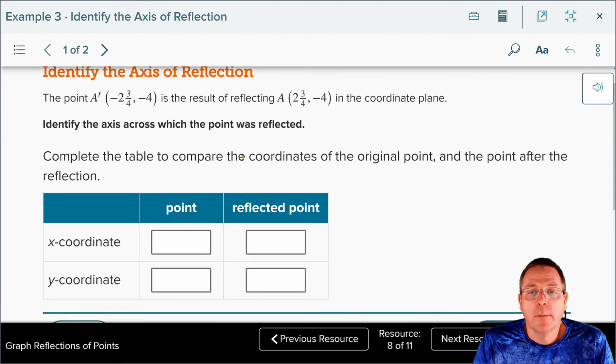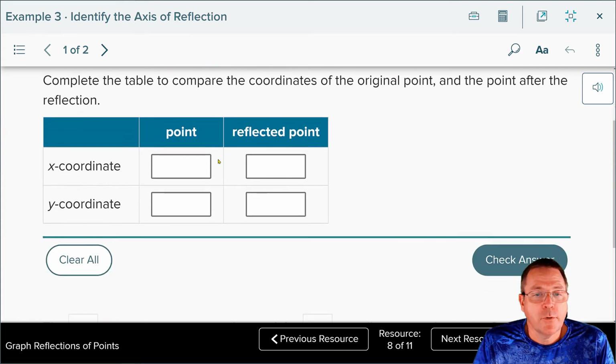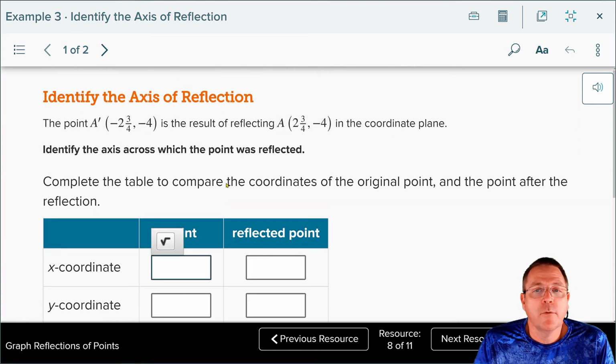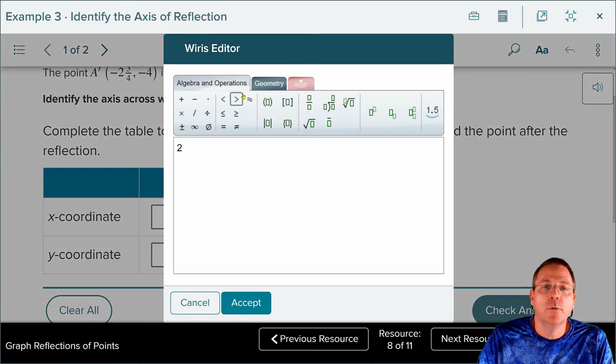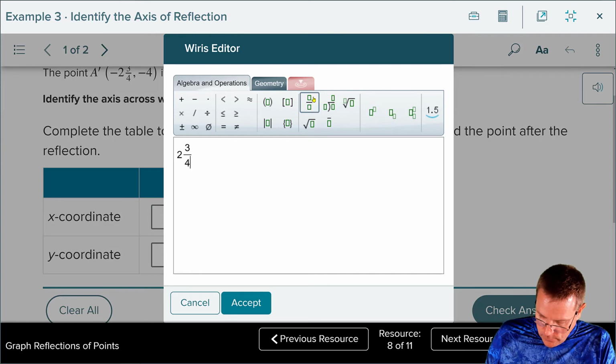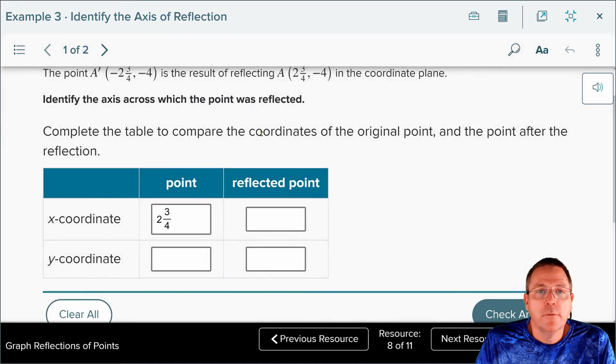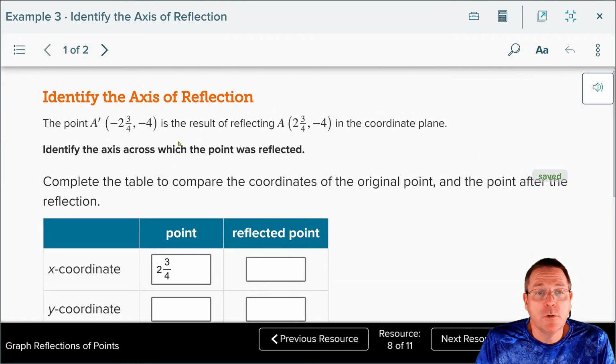Complete the table to compare coordinates of the original point and the point after. So the x value of our original point was going to be at 2 3/4. So we're going to type in 2 fraction bar 3/4. And don't be confused. A is your original point. A prime is going to be your new point.